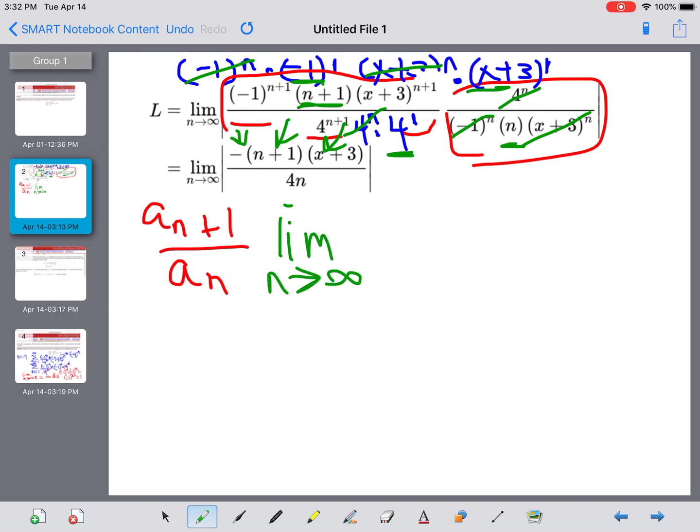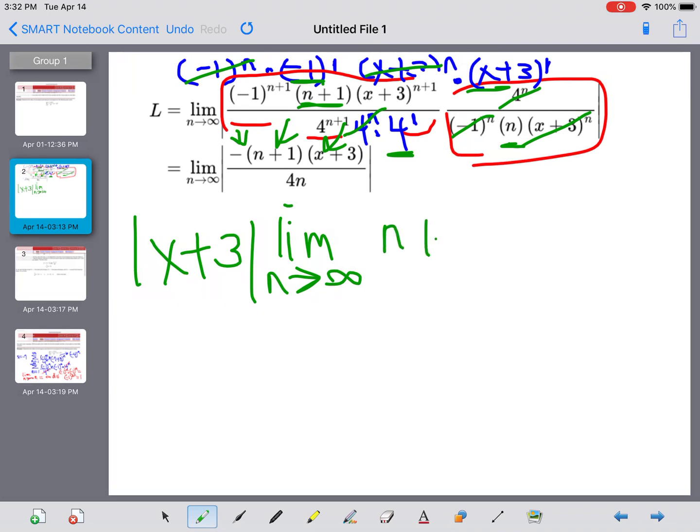And the x plus 3 we can pull out to the front because it's not going to be affected by the limit since it's in terms of x. Now, if we simplify the numerator, the absolute value of negative 1 is still positive 1. So that just has n plus 1 over 4n.